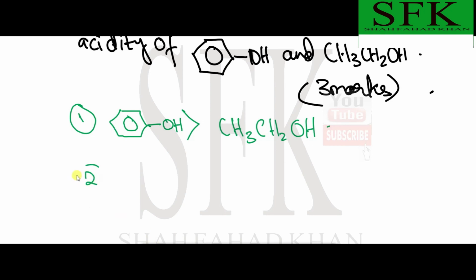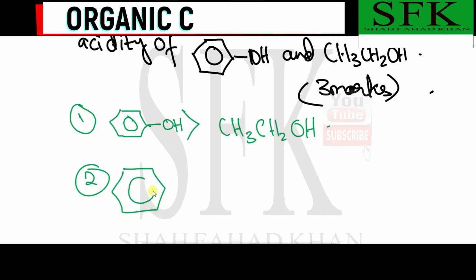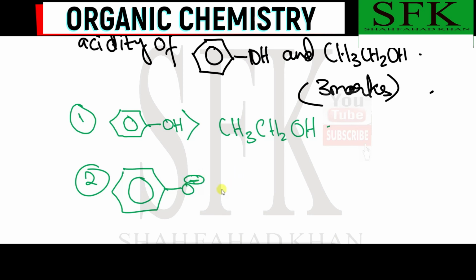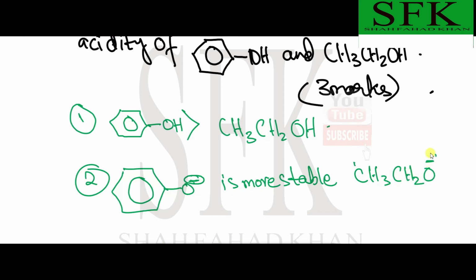You'll get a second mark if you say that the phenoxide ion, going directly to the conjugate base, is more stable than the ethoxide ion. Both are the conjugate bases. We've compared the conjugate bases. The phenoxide ion is more stable than the ethoxide ion. You'll get the second mark.